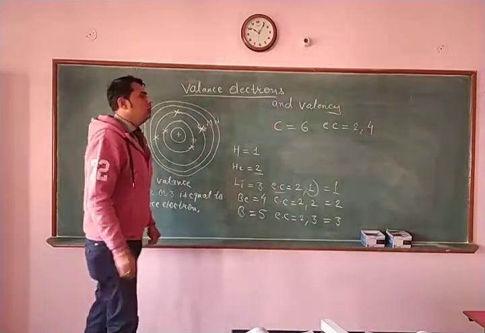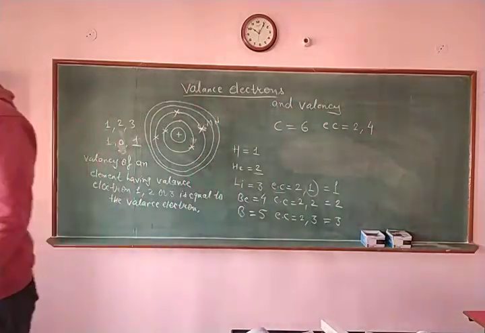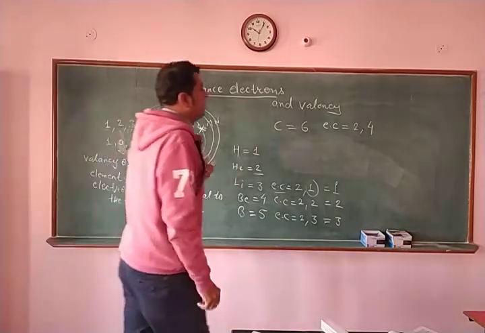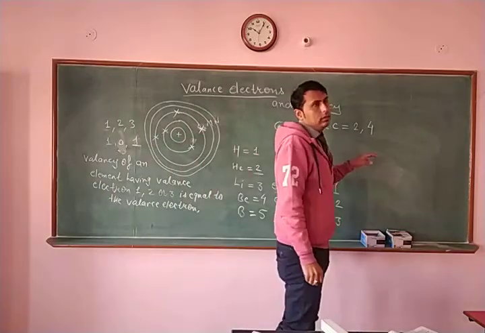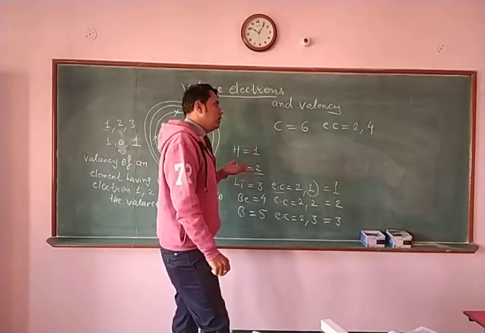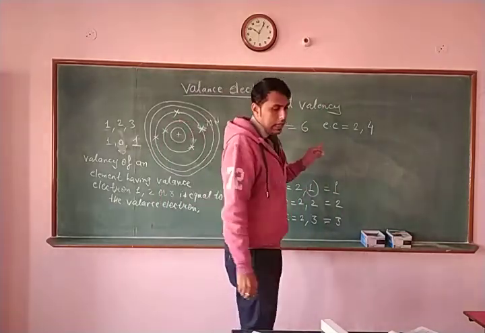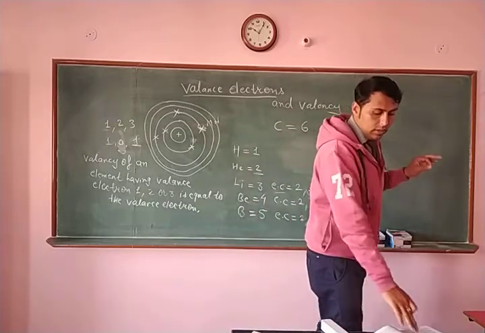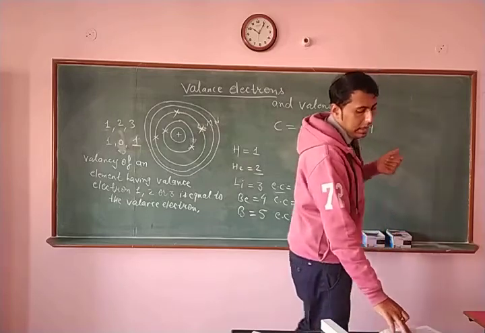Okay, now comes a difference in the calculation of valency. Up to 3 valence electrons, we have calculated it one way. But for the elements having 4, 5, 6 and 7 valence electrons, the valency is equal to the number of electrons to be added so that the valence shell has 8 electrons.